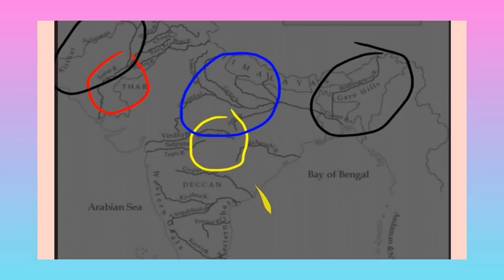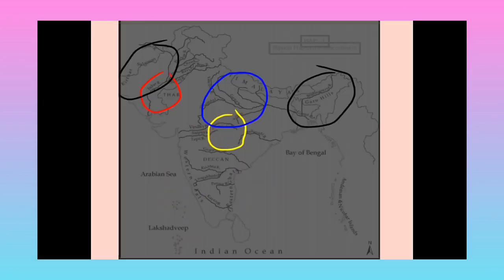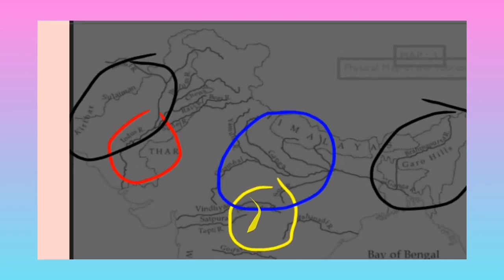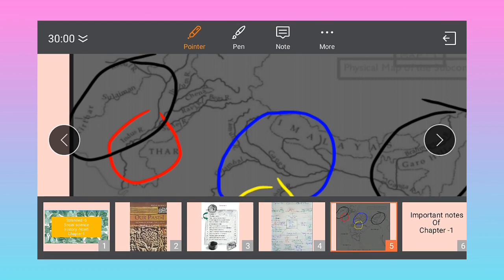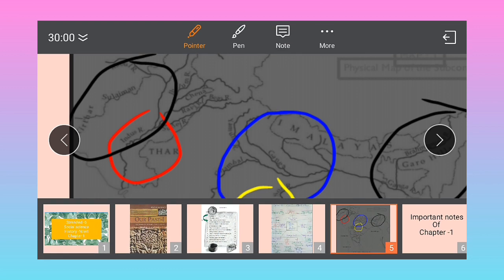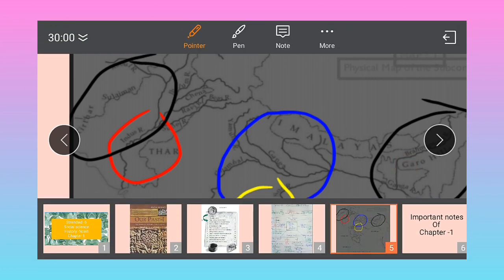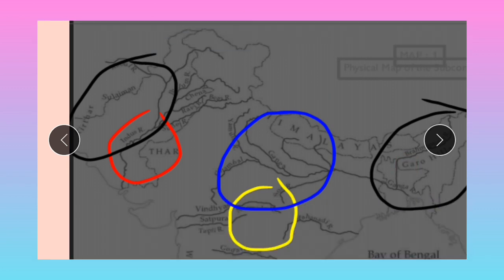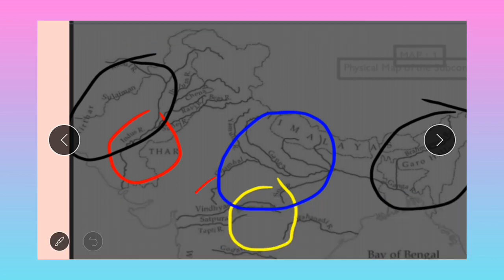I hope you can see this very well. Here is the black circle. This black circle is the Suleiman and Kirthar hills. Here are the Garo hills. These red circles that I have drawn are the Vindhya hills.